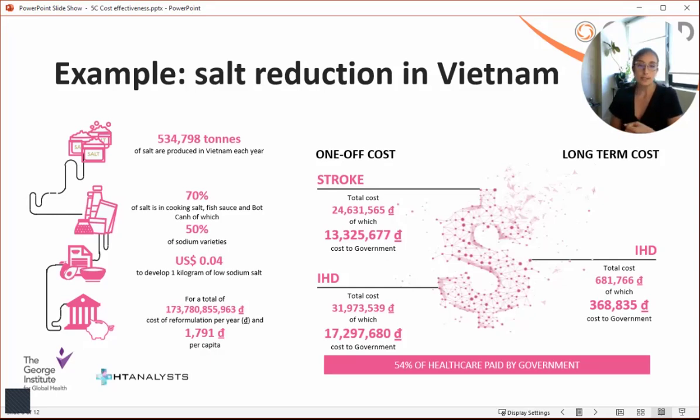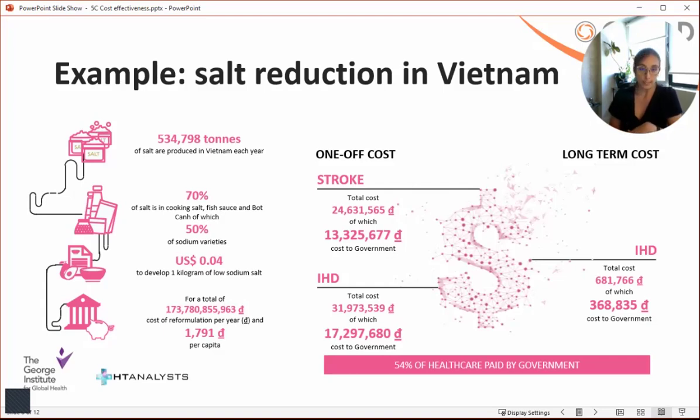To assess the cost effectiveness of 3 alternative sodium reduction strategies in Vietnam, we developed a cost effectiveness model. These strategies included the voluntary reduction of low sodium cooking salt, fish sauce, and bot can products, in addition to existing sodium rich products, without any government involvement.